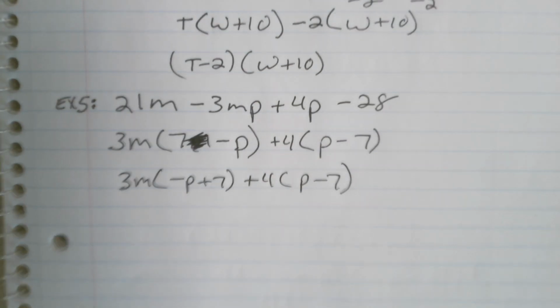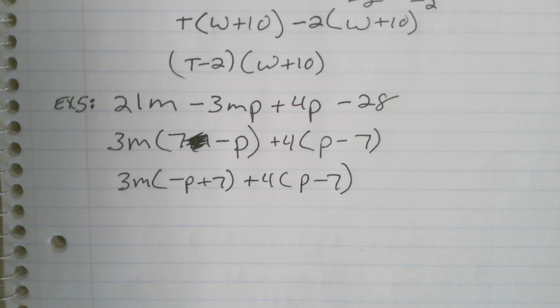Is negative p and positive p the same thing? If you think it is, I'll give you negative $20 and you give me $20, because that's what you're telling me. It's the same thing. All right, so what do we have to do? Not pull out a positive 4, but we should have pulled out a negative 4.